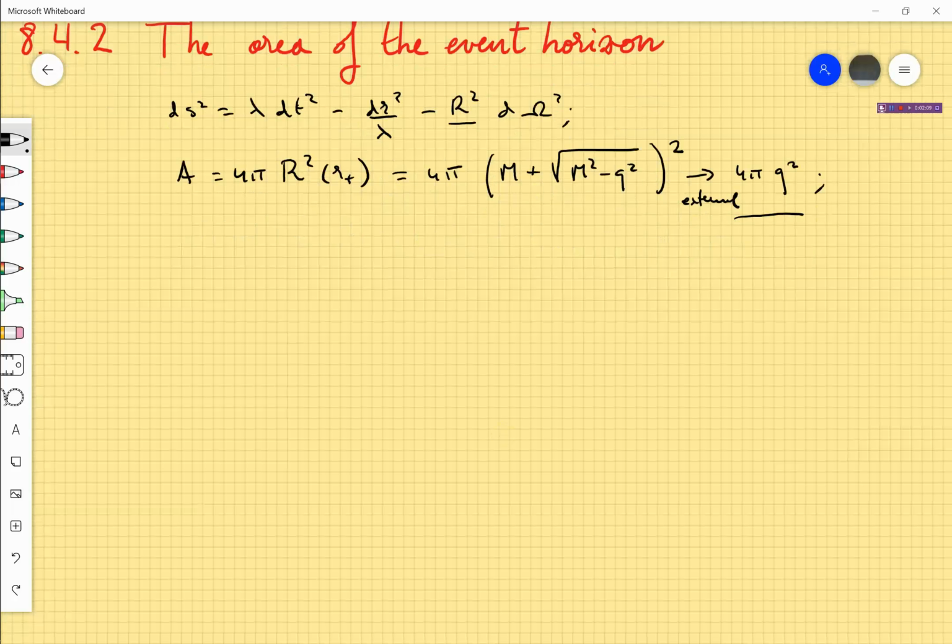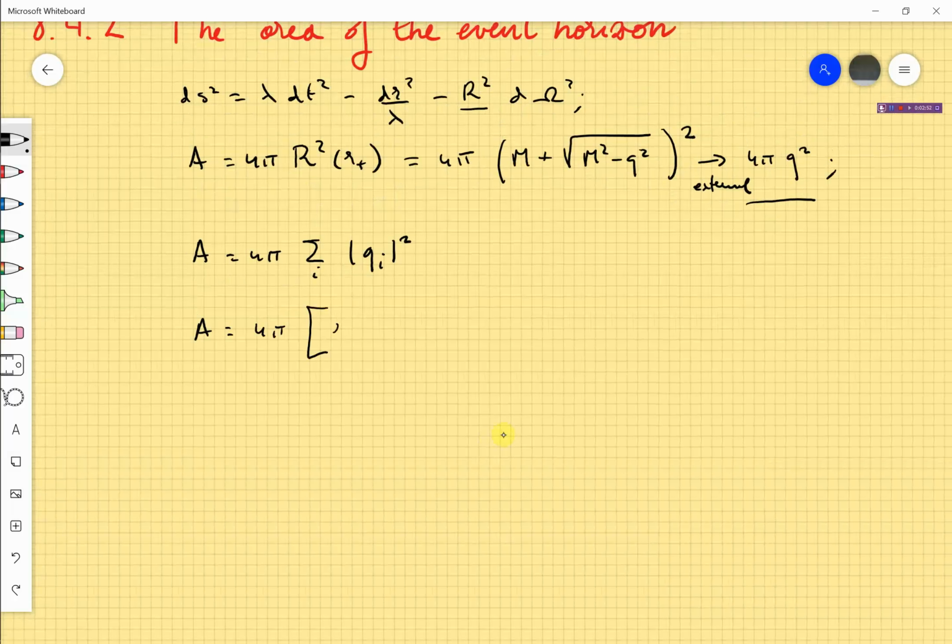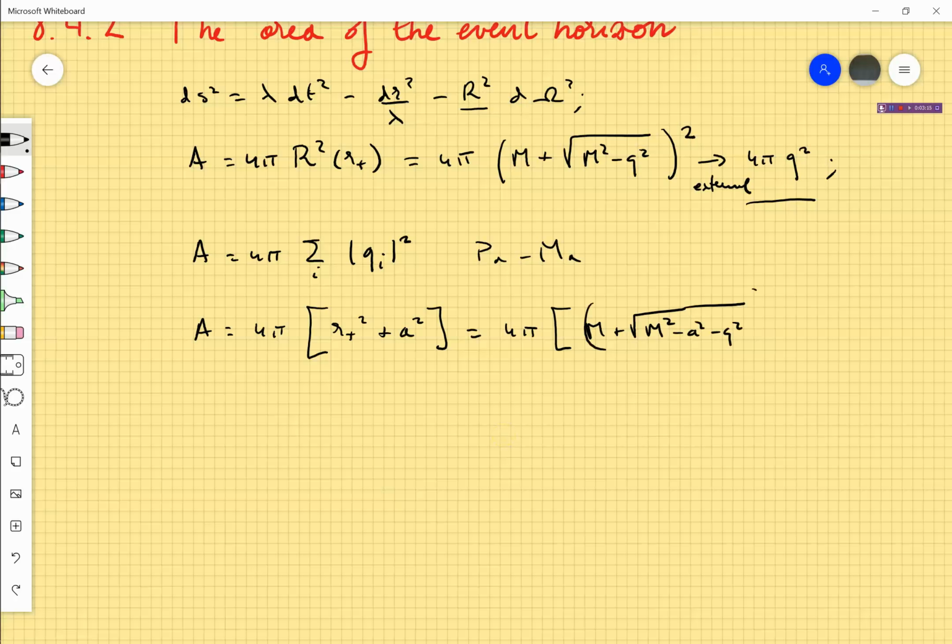This gives you 4 pi (r plus squared plus a squared). So this is Papapetrou-Majumdar, and this is m plus square root of m squared. And if you want to add charge and consider the Kerr-Newman black holes, it is something like this, plus a squared.